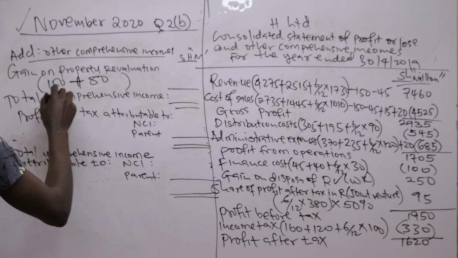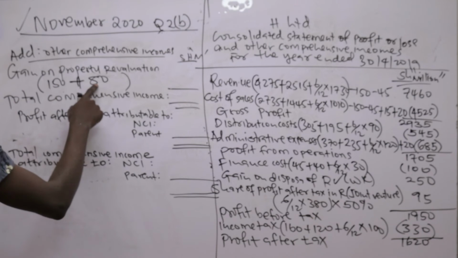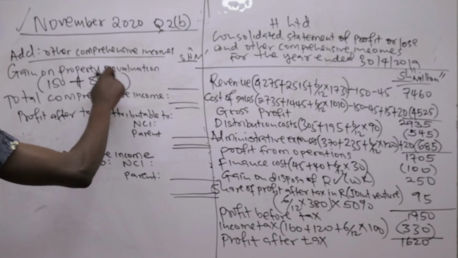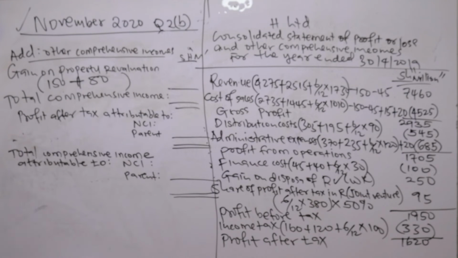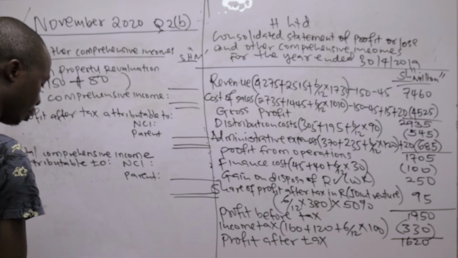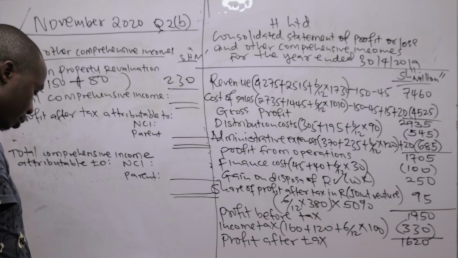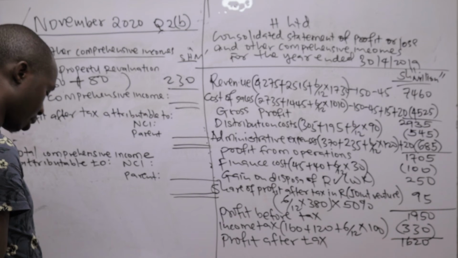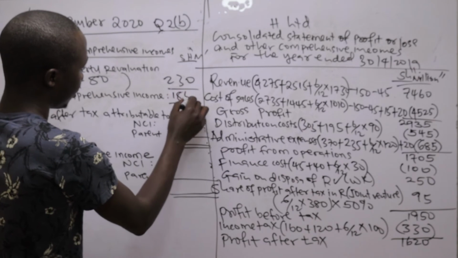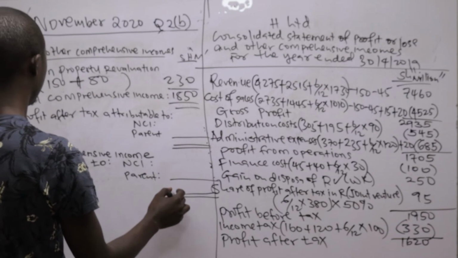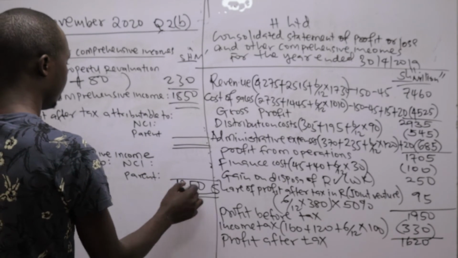Remember, it was H plus S, not for R. We don't have revaluation for R. So meaning that 150, rectify that. So 150 plus 80, that is 230. 1620 plus the answer is 1850. So this is what will be shared here, 1850.